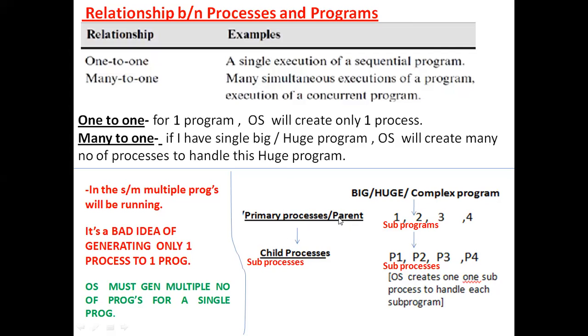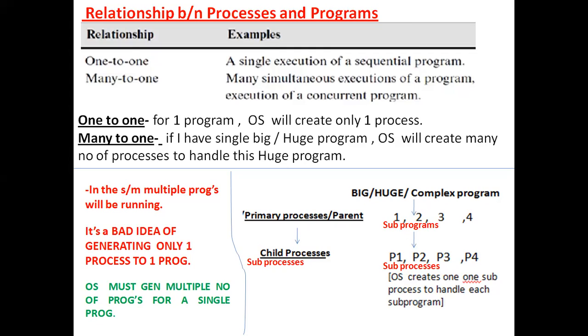Regarding the parent process, these parent processes are nothing but the subprograms which are obtained by dividing the huge or complex program. We cannot expect effective execution of this huge, bulky, large program just by creating a single process.